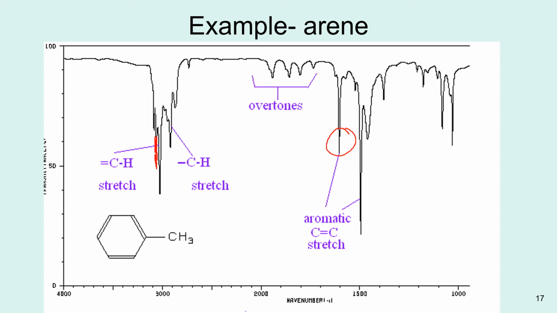So these tend to show up. This is interesting. They didn't show it on the last slide, but we tend to see this little pattern, which we sometimes call the fingerprint region or overtones, and we'll talk more about that in lab. When you see this kind of pattern up here, that tends to tell you that you have an arene, a benzene ring.